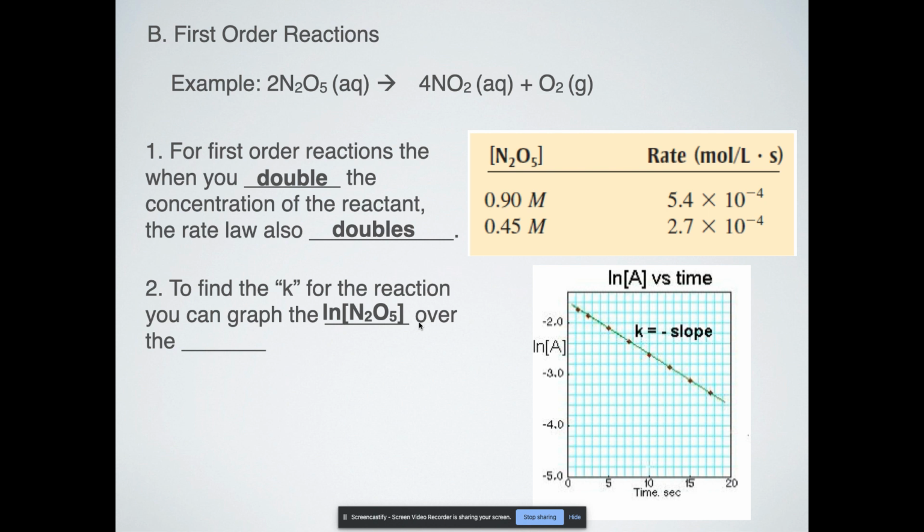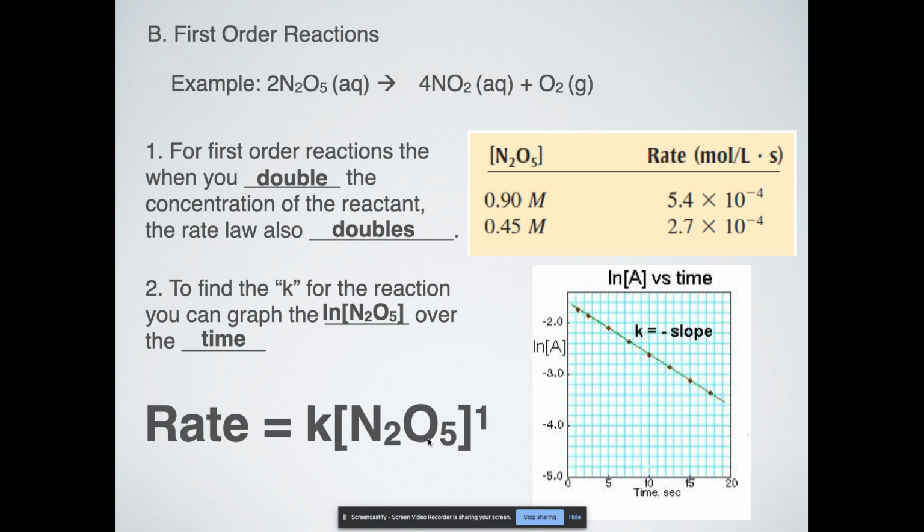Probably a button you've rarely, if ever, used on your calculator, but the natural log of whatever this says, over, again, still time. If I do that, the k would be equal again to the negative slope. So all I would have to do is take this value, make it negative, or if it was negative already, make it positive. And now I've got my rate constant for this situation.